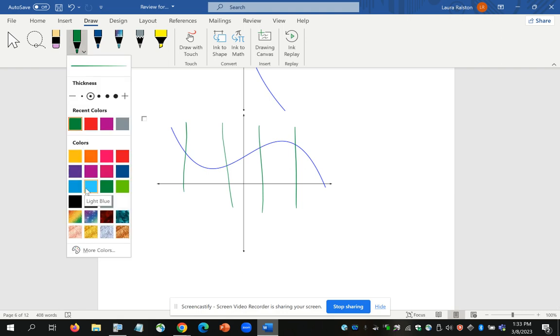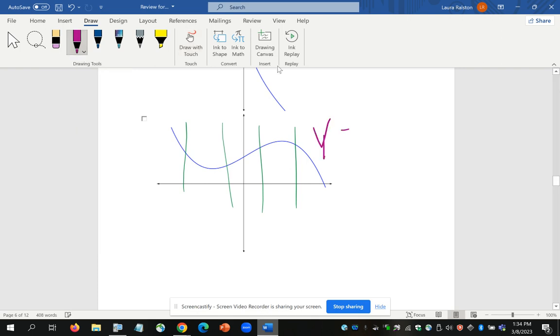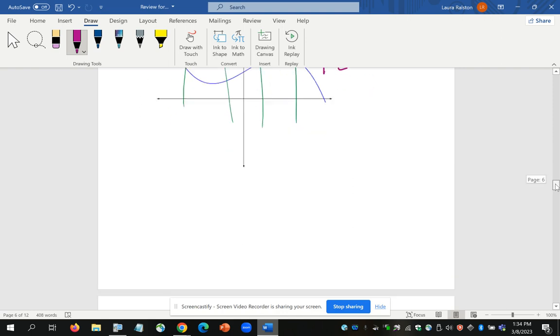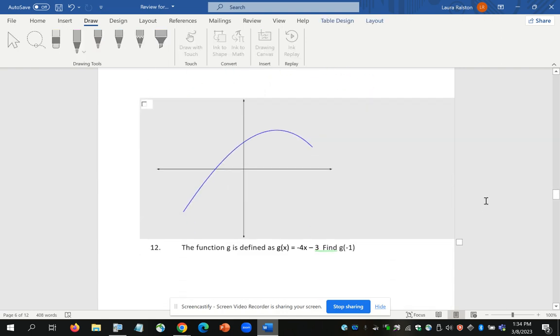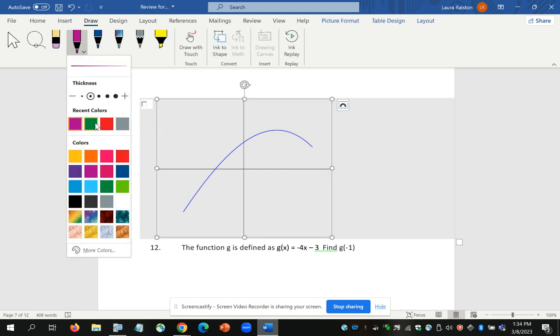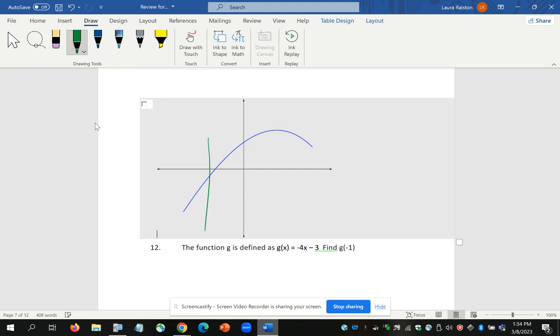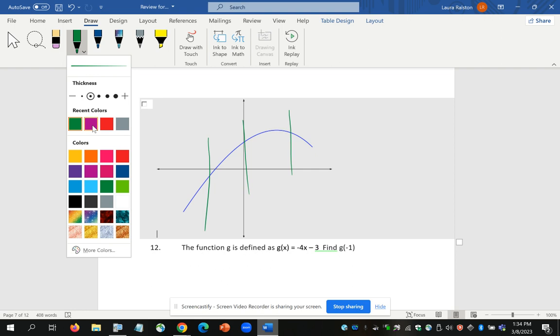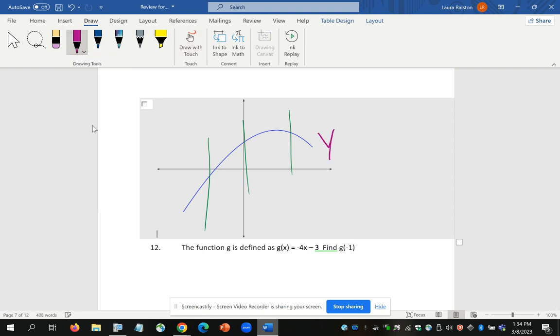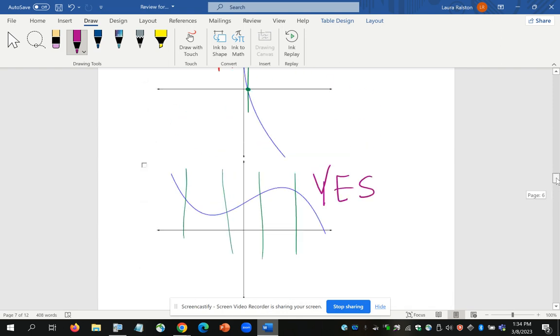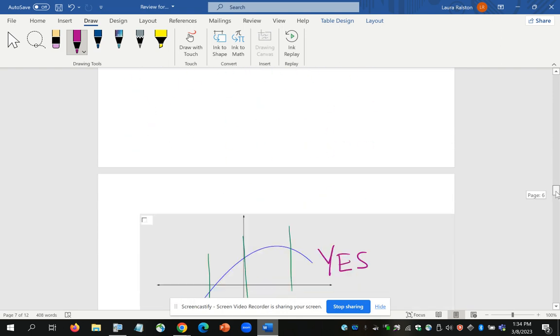Because of that, this one is a function. Fourth one, you have this arc looking shape. If you draw a vertical line at various places in this arc, you only cross one time. So this fourth option is also a function. Make sure I didn't miss one.